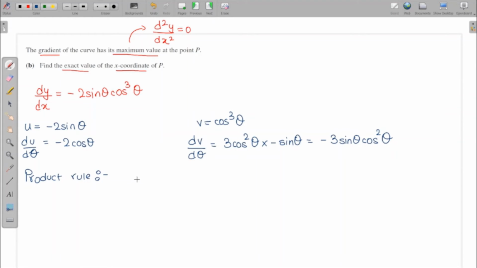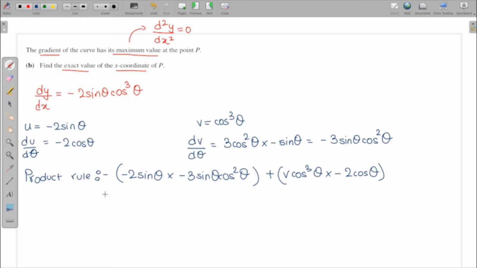So this will be u into this, so minus 2 sine theta into minus 3 sine theta cos square theta, plus then we have to do v into du by d theta. So this will be v, cos cube theta, into minus 2 cos theta.